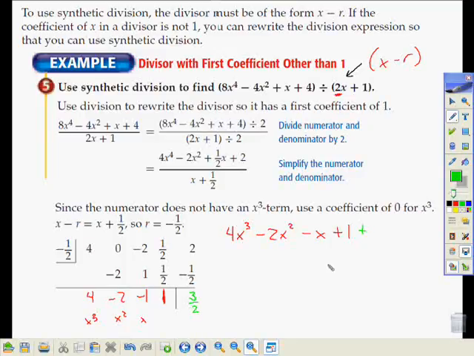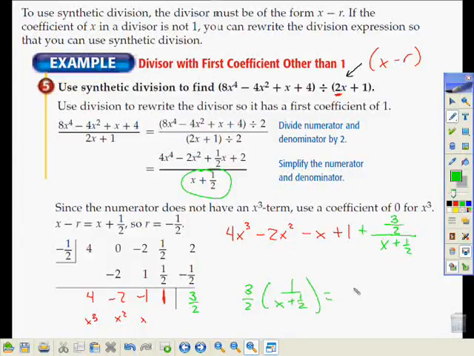And what we're going to do with our remainder is we need to divide it by what we were multiplying by. So it's going to be whatever my remainder is divided by x plus 1/2.